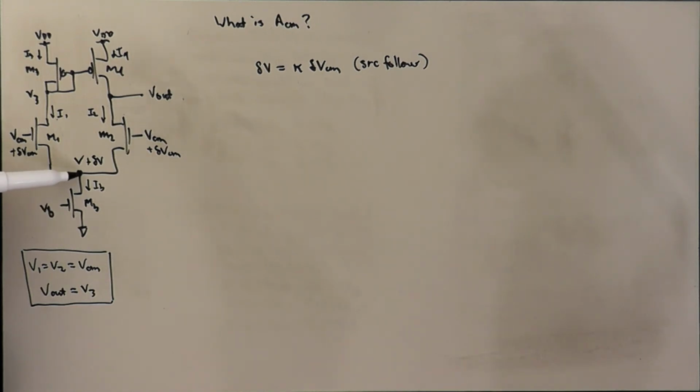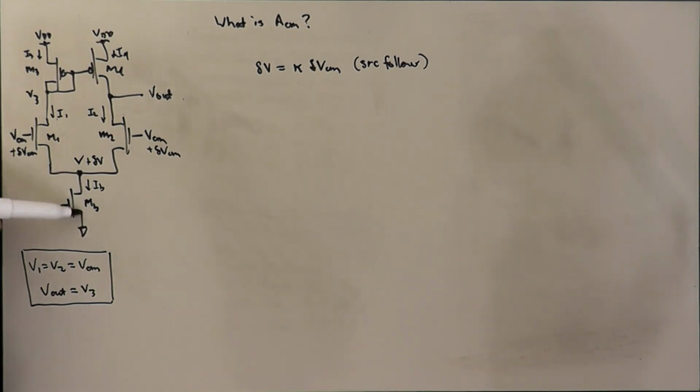Well, we always assume that MB is saturated, and so in the absence of an early effect, the current would remain the same and nothing would change. Okay, but that's not very interesting or realistic. That would lead us to the conclusion that the common mode gain is 0. And we know it's not going to be exactly 0.